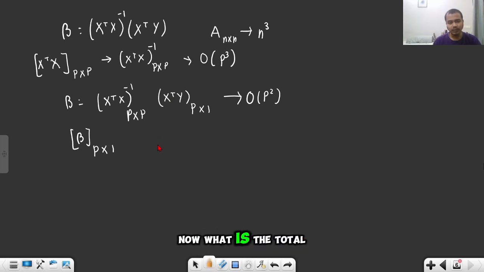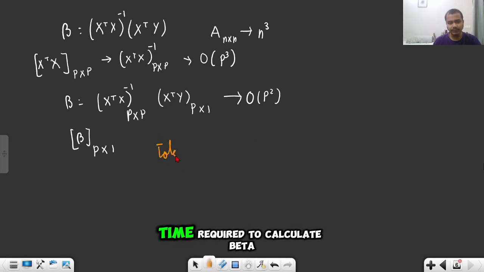Now, what is the total time required to calculate beta?